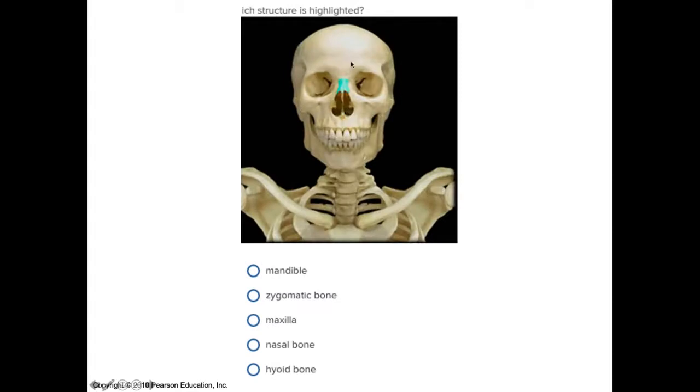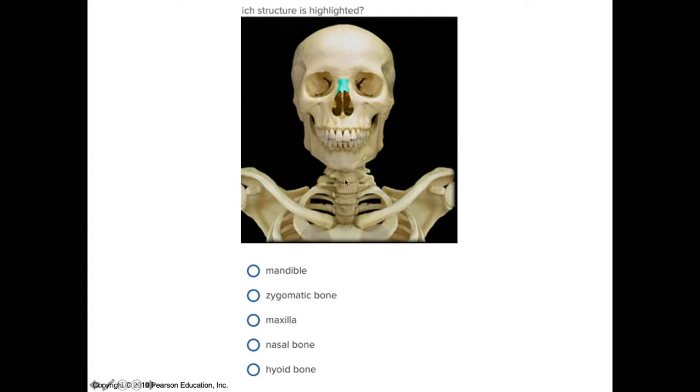Let's just look at some of the bones here. Here's your frontal bone. Here is your nasal bone. This would be your zygomatic arch or zygomatic bone. This is your maxilla, your upper jaw, your mandible, your lower jaw. Temporal bone on the side.